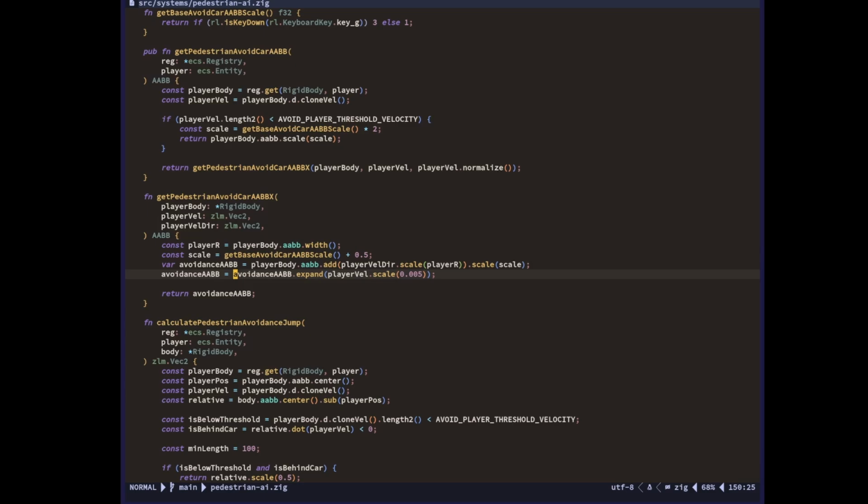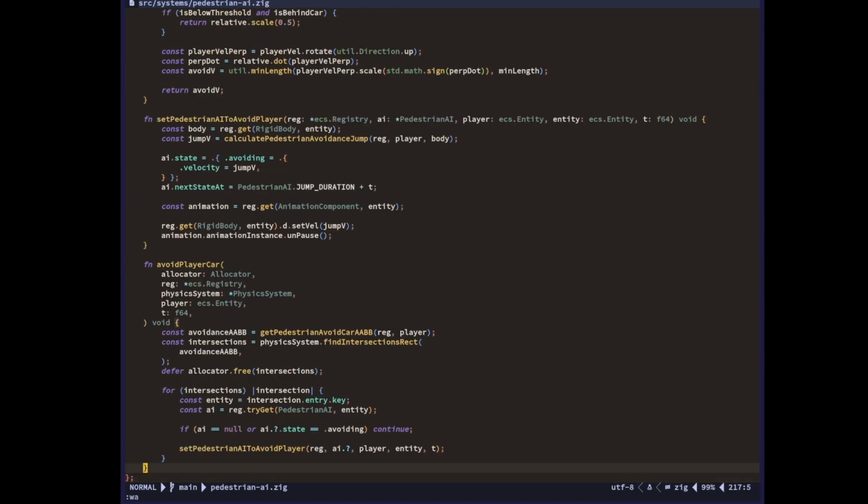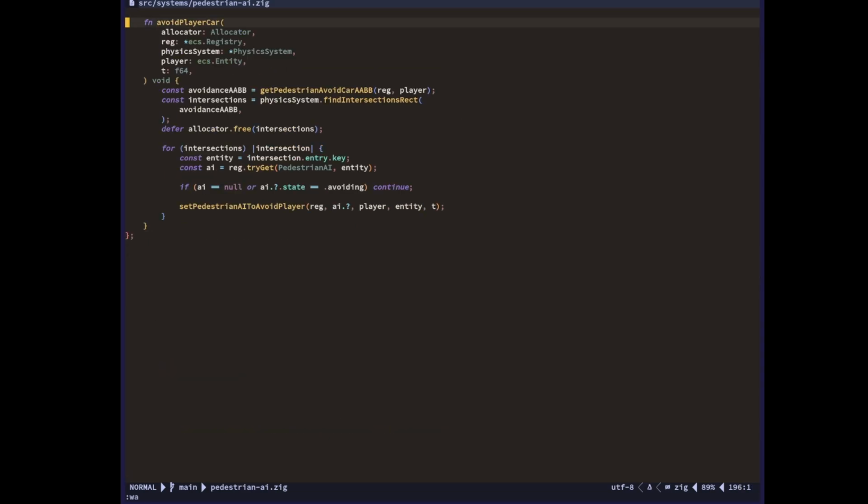So the right edge of the collision rectangle will be scaled outwards, while the left edge of the rectangle will stay in place. And that's the rectangle. So let's get back to this avoid player car here.